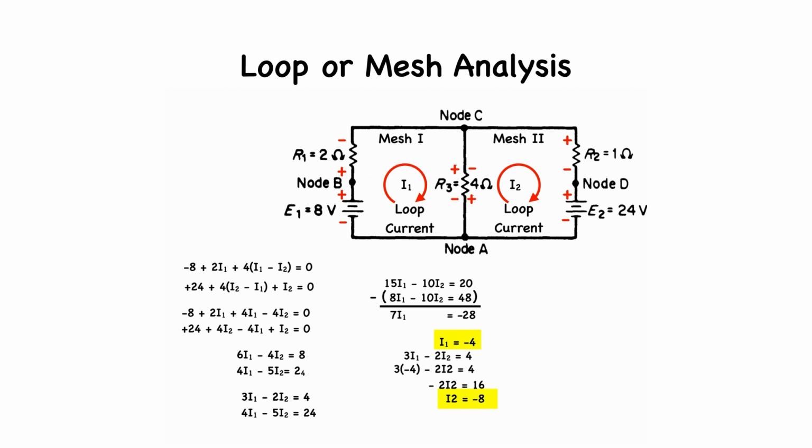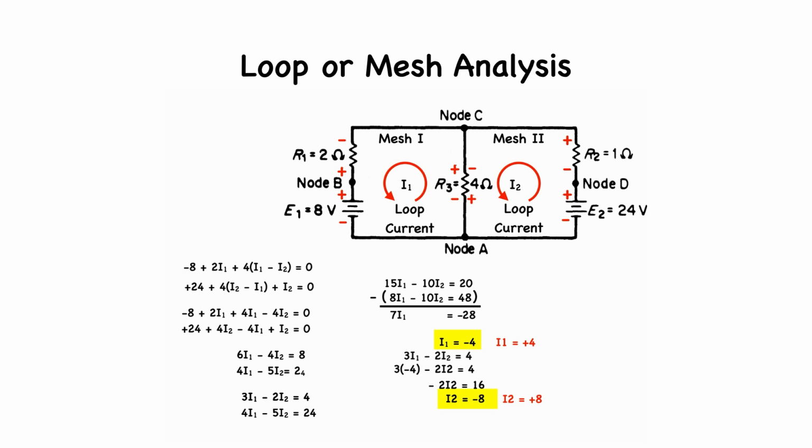The minus sign for I1 and I2 indicates that the two loop currents flow in the opposite direction to that which we assumed in the first place. They both flow counterclockwise. Loop current I1 is therefore 4 amps in the counterclockwise direction, and loop current I2 is 8 amps, also in the counterclockwise direction.